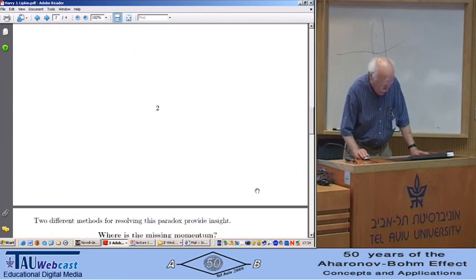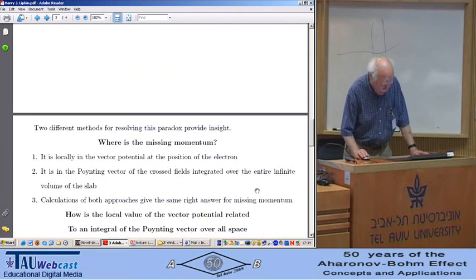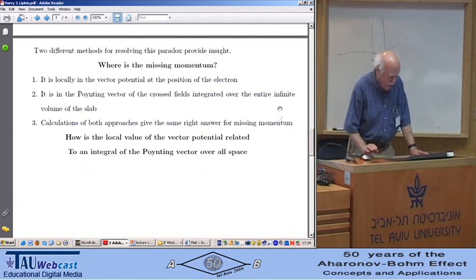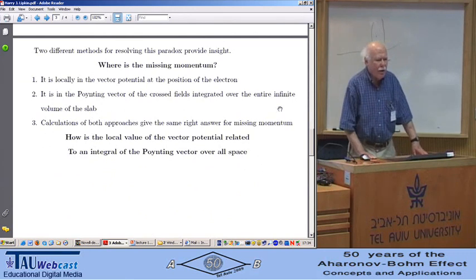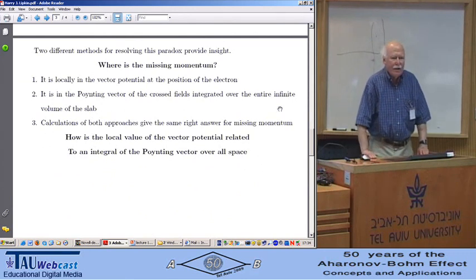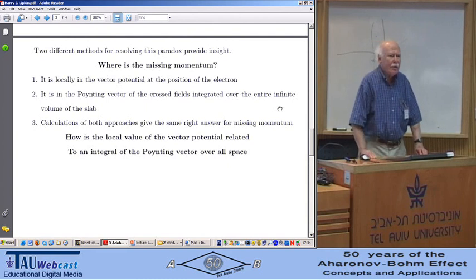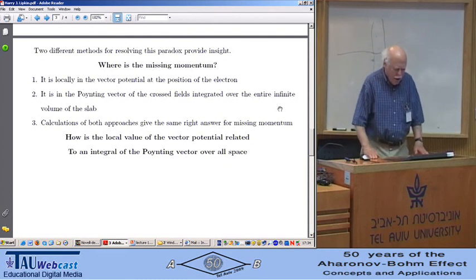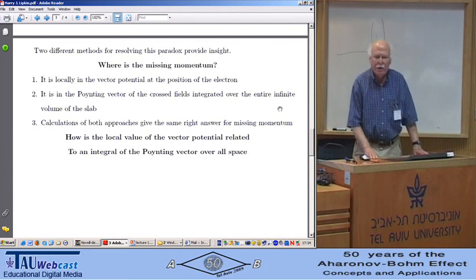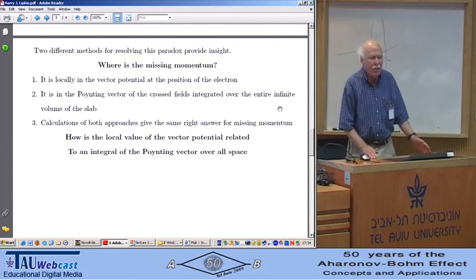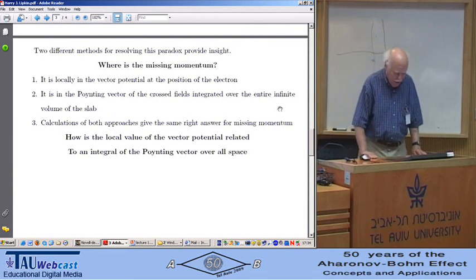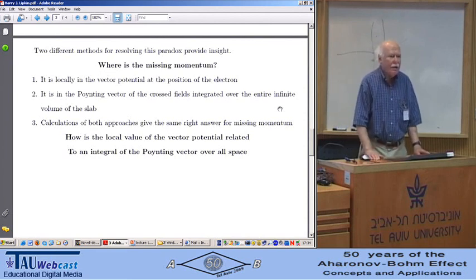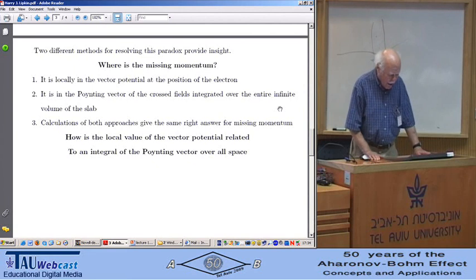It's easy to resolve this paradox, but you find that there are two ways of doing it, which seem to be completely different, but they must be related. One is that it is local, in the vector potential at the position of the electron. And that, of course, you calculate, and it gives you the right answer.